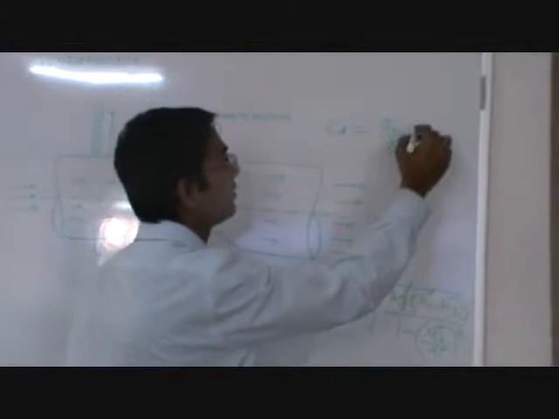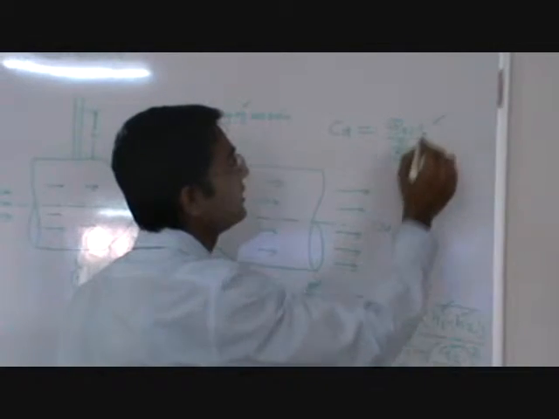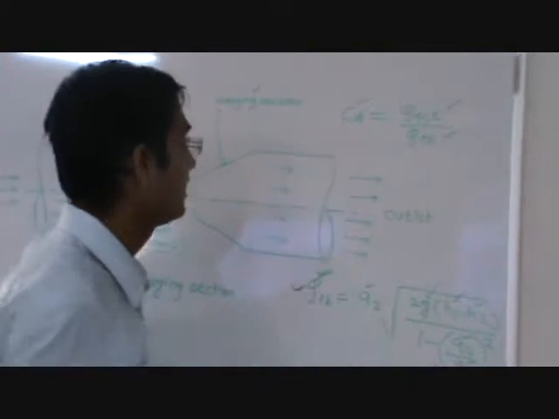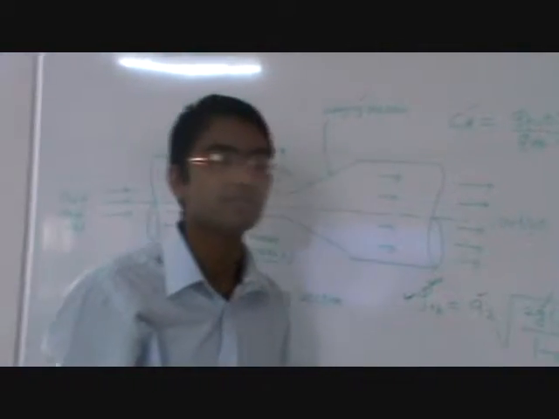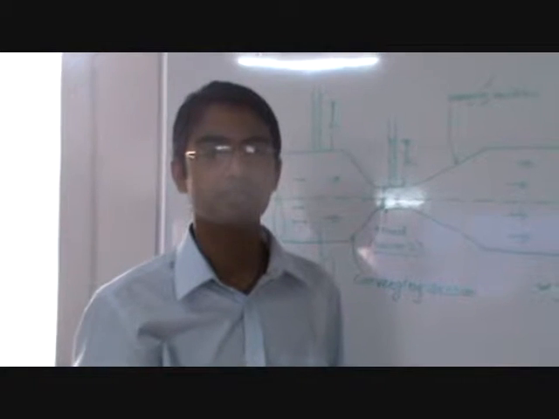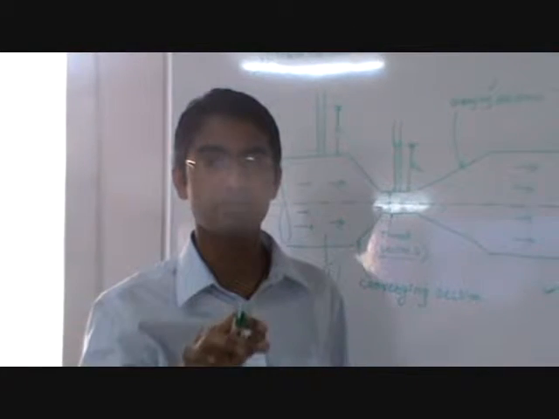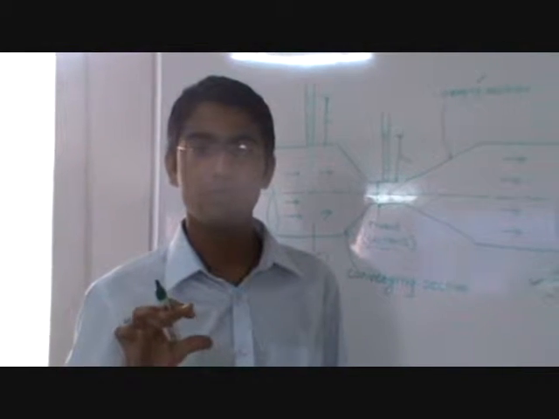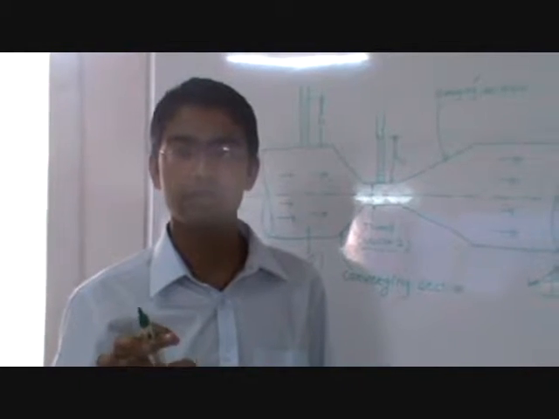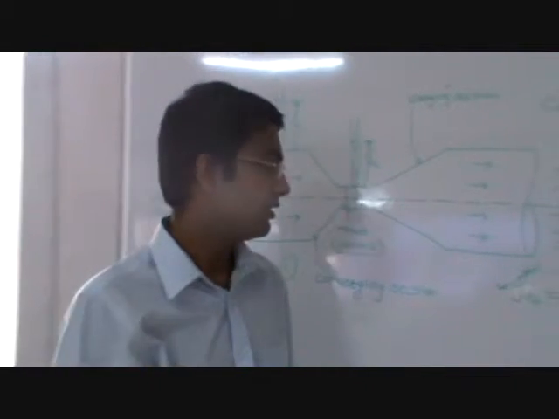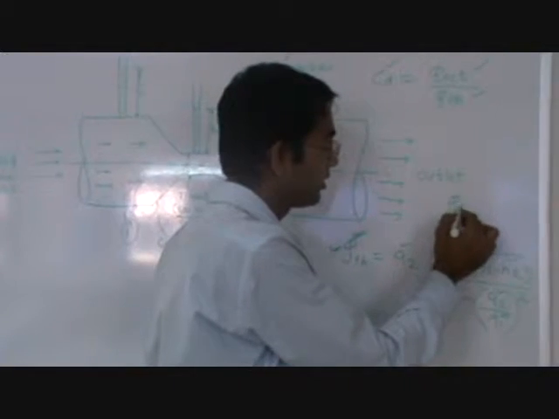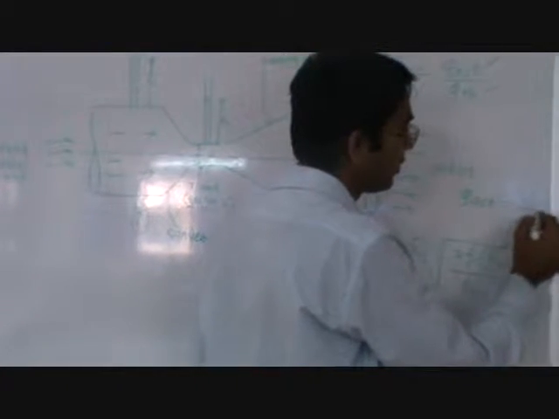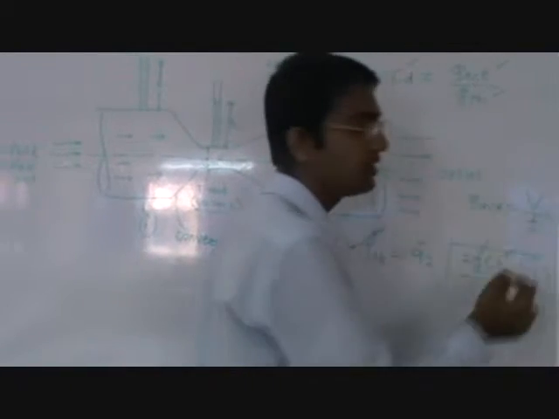Now again we have to calculate Q actual discharge, so that we can calculate the value of CD. So Q actual we find by a trial and error method, as a scale is mounted there. We measure the particular amount of time required for filling a particular amount of volume, so that Q actual is equal to that particular volume divided by the time required to fill that volume.